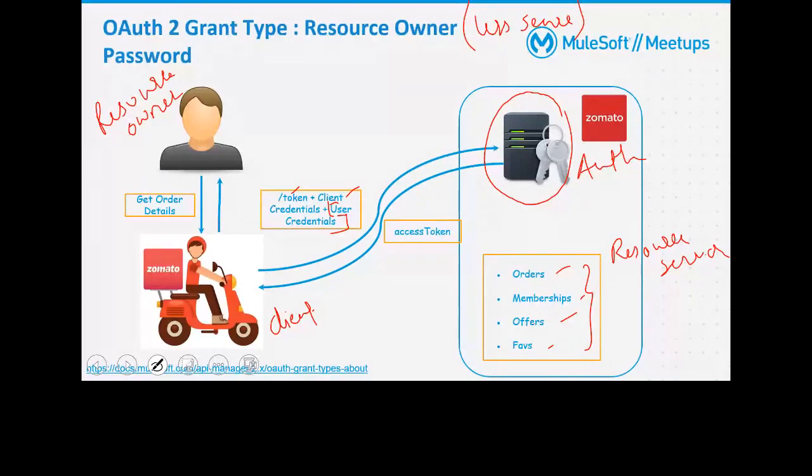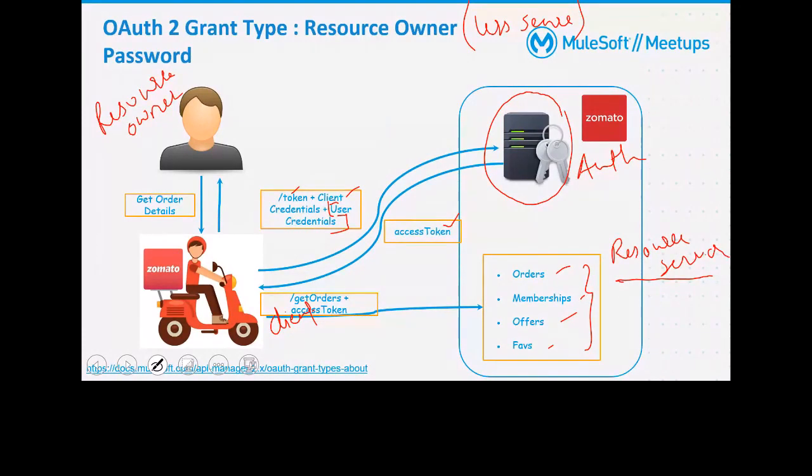But the authorization server is not going to give order details. He will say, take this key. So this is a reception. This will say, take this key, go to the resource server and tell them, this is the coupon, this is the token I got, give the details. That is what the client app is going to do. Get orders is the REST API, which is hosted on the resource server.